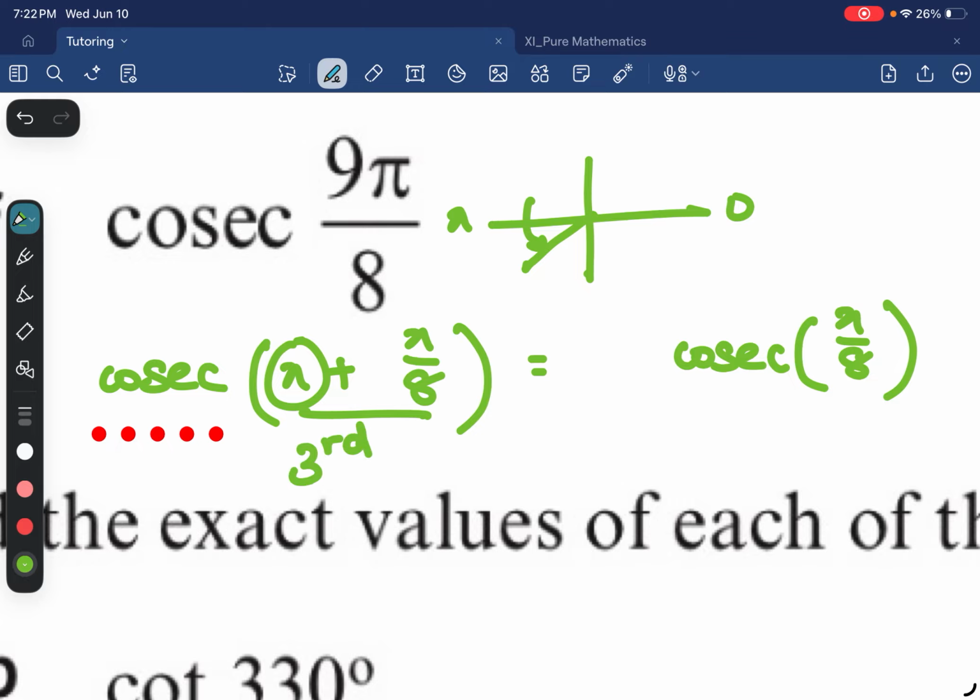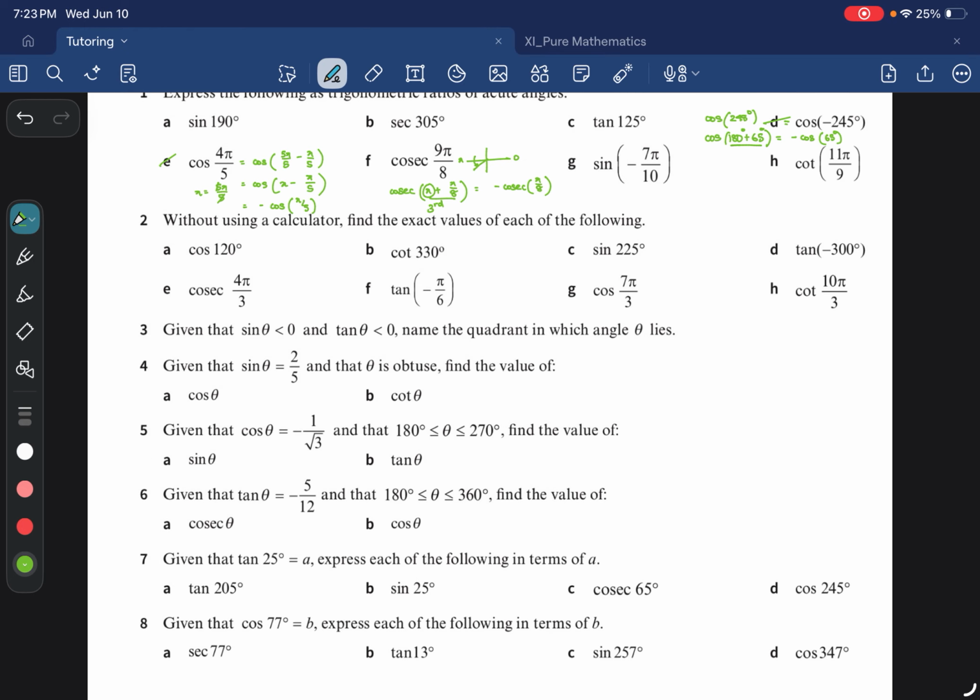And in the third quadrant, only tan and cot are positive. So cosecant is negative in the third quadrant. Cosecant should be negative in the third quadrant.